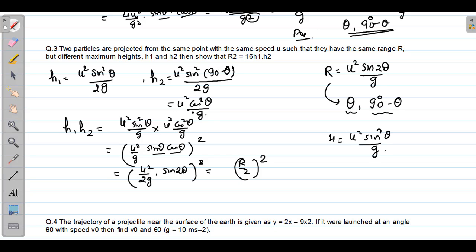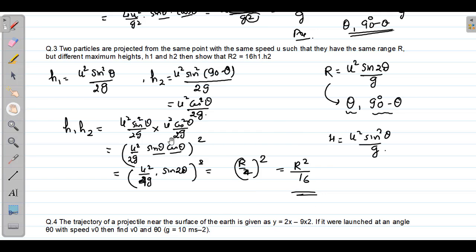So we will get 2g, 2g, and it is 2g square, and it is 4g square. That means it is R square by 4. It is equal to R square by 16. So this is h1 h2 equal to R square by 16. So this is our final answer. So we have proved it.